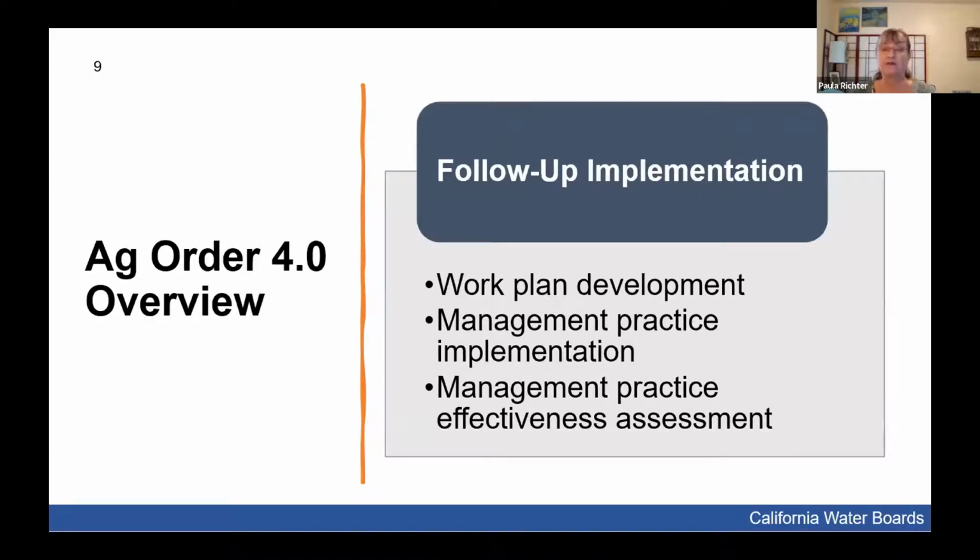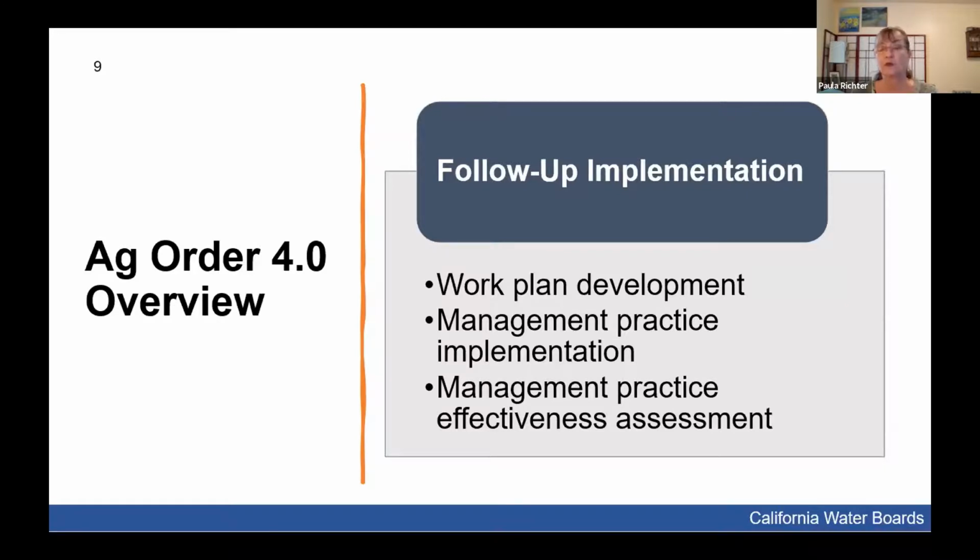A key component of these requirements is follow-up implementation. The order requires that all growers submit a follow-up implementation work plan to the Central Coast Water Board, either individually or through a third-party program. The purpose of the work plan is to inform decisions about which management practices work best to achieve the targets or limits.